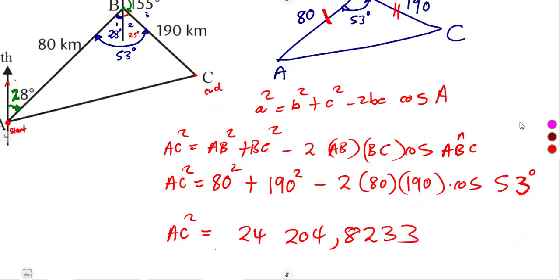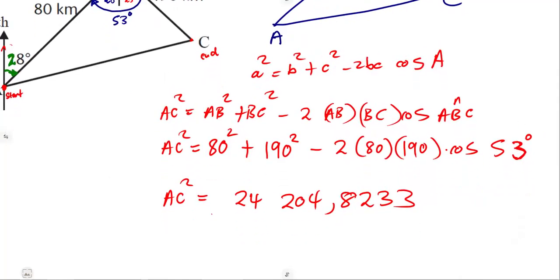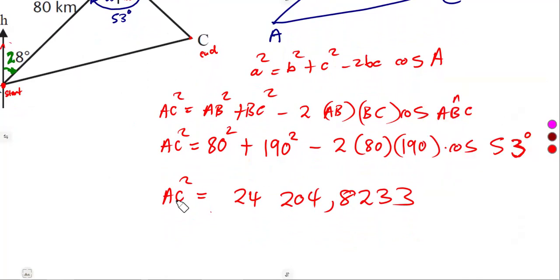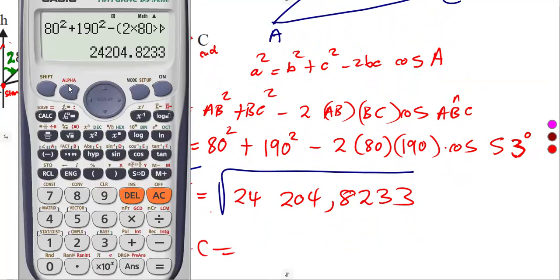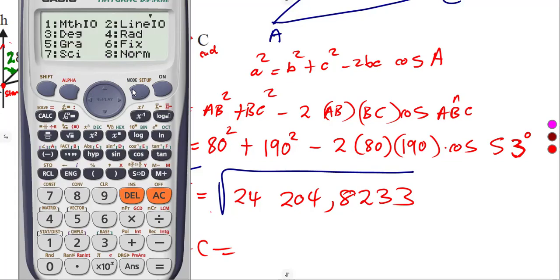As we can see, that is 24,204.8233. So to find now the length of AC, or the distance from A to C, introduce the square root. So AC was going to be the square root of the answer that we have, which is 155.58. If you round off to two decimal places, you can shift, go to the setup, press 6, then press 2.